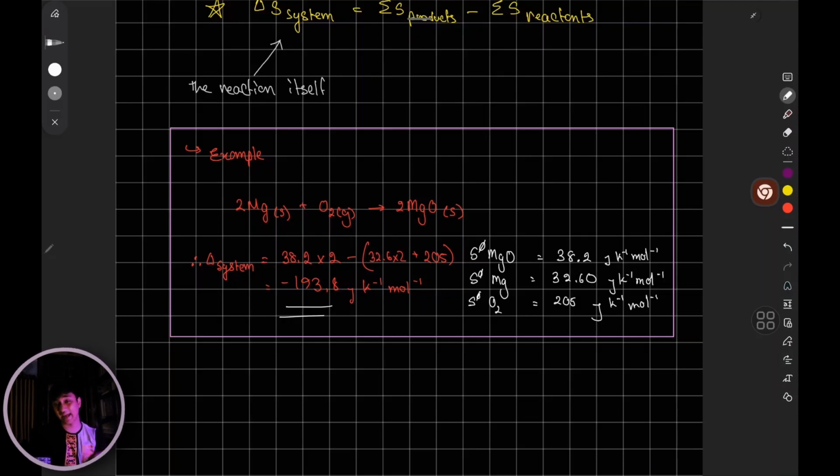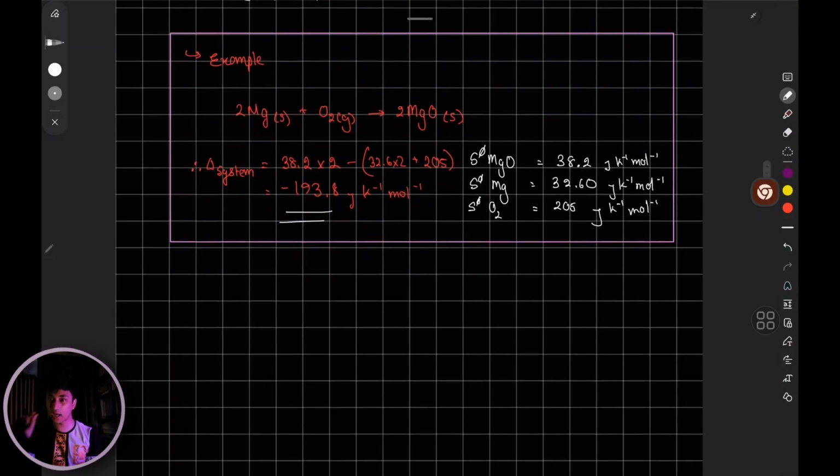So the system is highly exothermic, right? So this reaction does take place even though the change in entropy is negative. The reaction still takes place. Therefore, entropy change is not the sole factor determining whether or not a reaction is feasible. So we have to look at other ways to find out if a reaction is feasible or not.